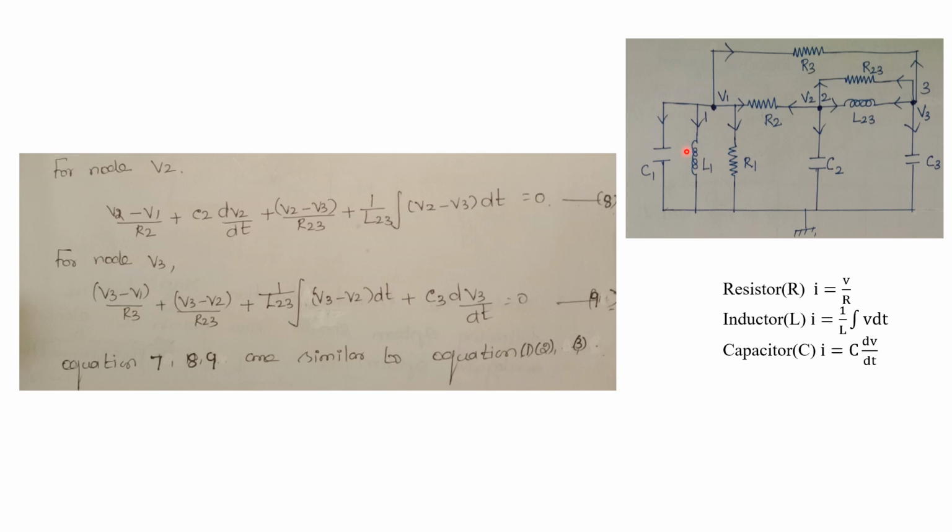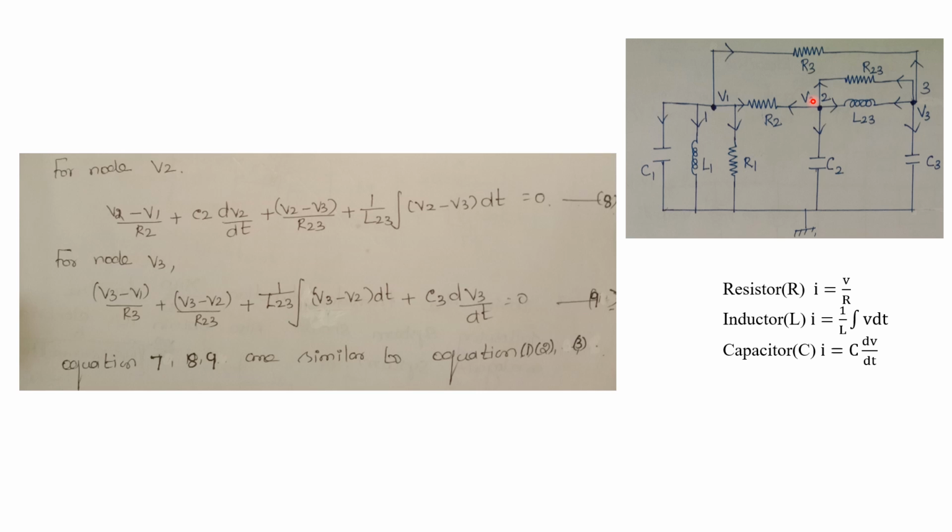Now see here, this is the same diagram. In the previous slide we had this diagram. This is the main diagram, the force-to-current electrical analogous circuit. From this, at node 2, we are going to apply Kirchhoff's current law. At this node 2, we can write the node currents one by one. For this R2, what will be the current?